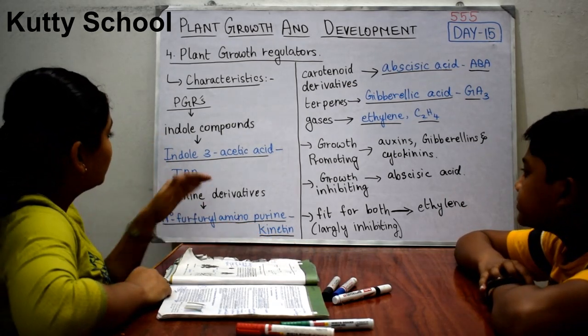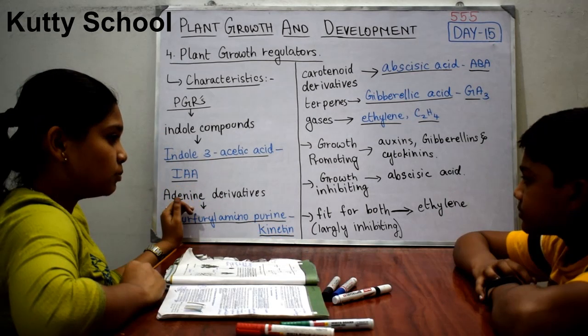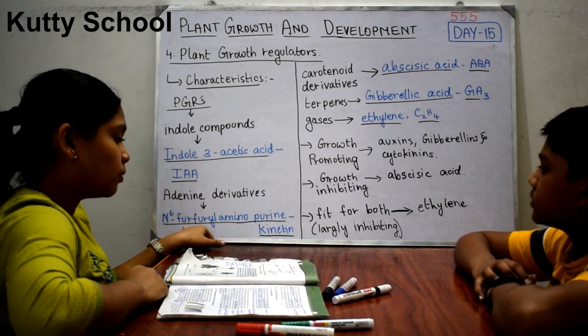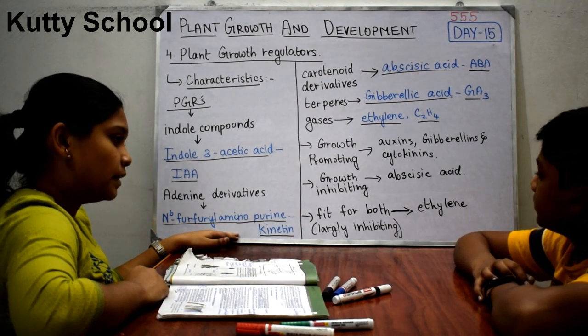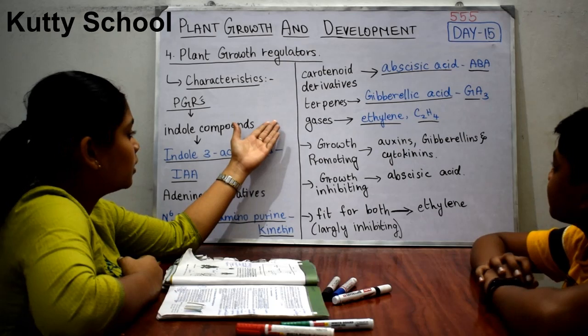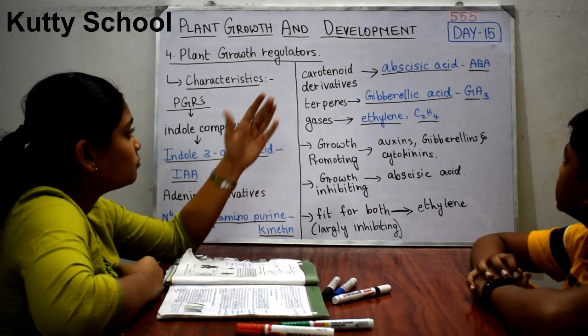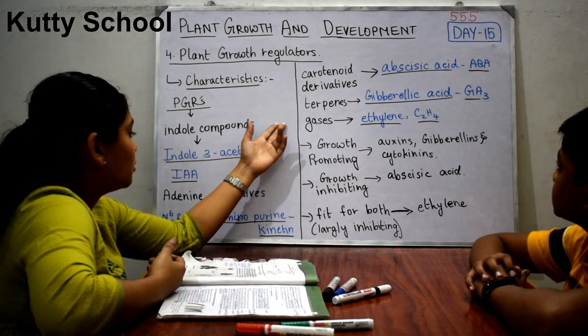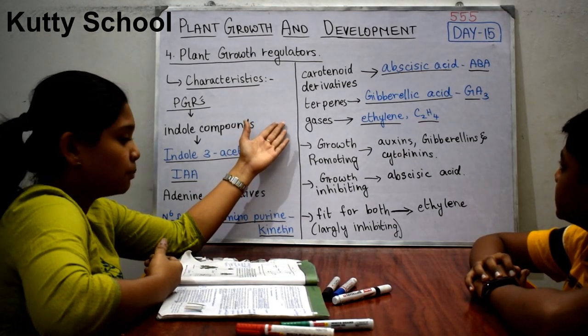Then adenine derivatives, which are made from adenine. These are N6-furfuryl aminopurine, which is also known as kinetin. Then derived from carotenoid, carotenoid derivatives are abscisic acid. And the fourth one is terpenes.